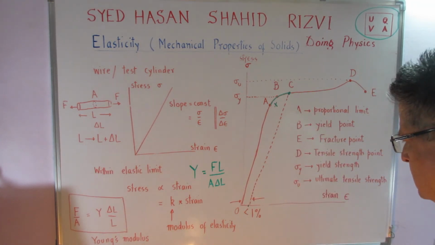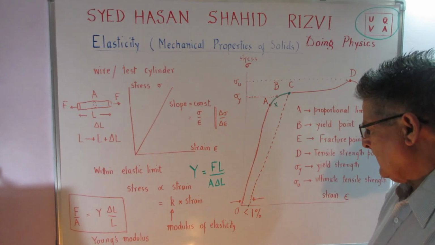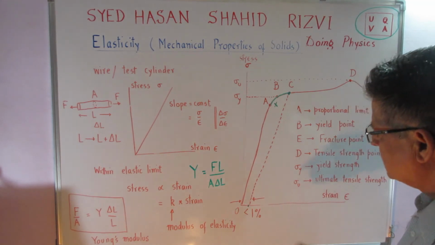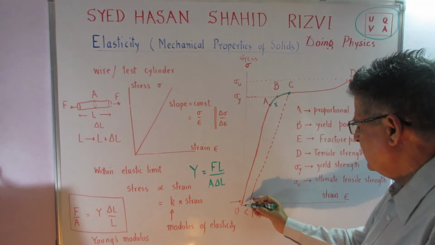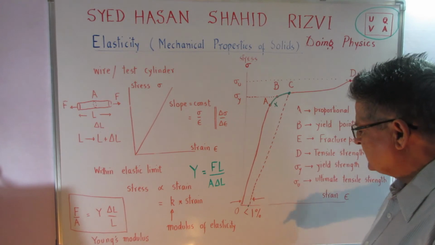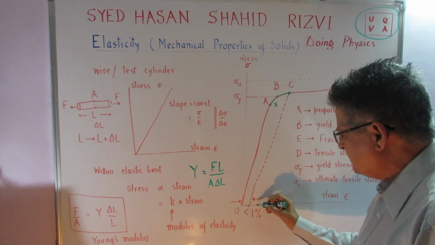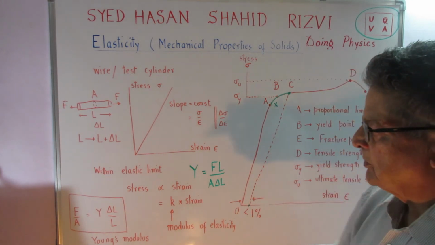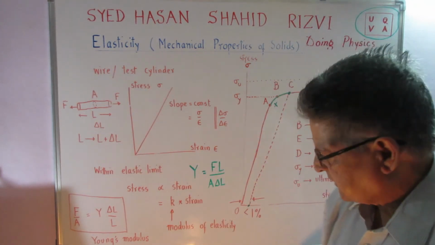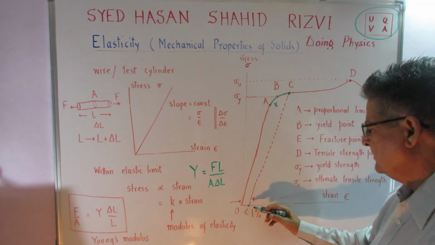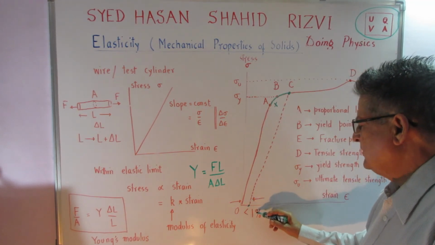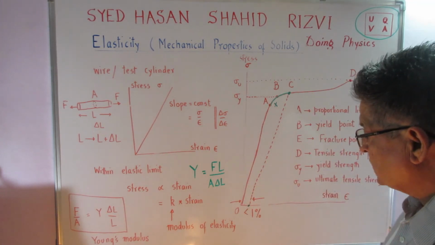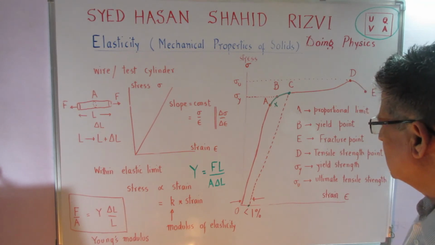The curve is roughly drawn by me. I'm not good at that. So there is a plasticity which comes into the system. That means it doesn't come back to the position L, but instead it has an L plus something, and this something has been shown to be less than 1% departure from the original length.